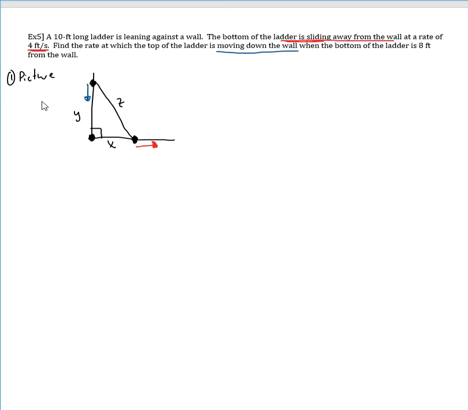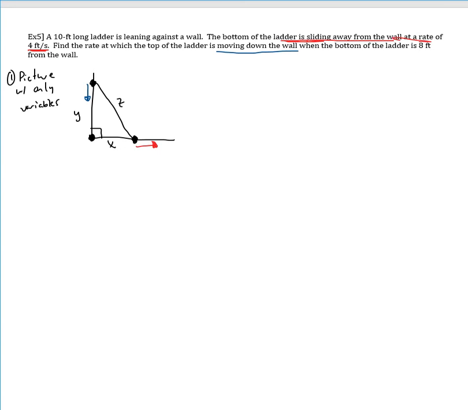Often it's a good idea to make a picture with only variables. So, a picture with only variables so far. Notice I'm not putting in any numbers. And in the blue and red, I can say what they are. If this is our x length, it's changing. This red is showing it's changing, which is showing the ladder sliding at a rate.